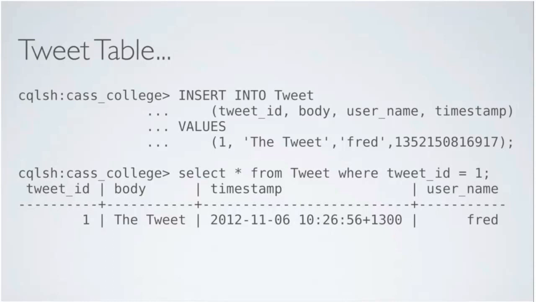I should note that for the timestamp column, I've used the Unix epoch time. You can use that in CQLSH. You can use a formatted human time if you want to, and CQLSH will reformat that appropriately. And then if we read that tweet back, you can see we've got one tweet with a body and a timestamp and the username.